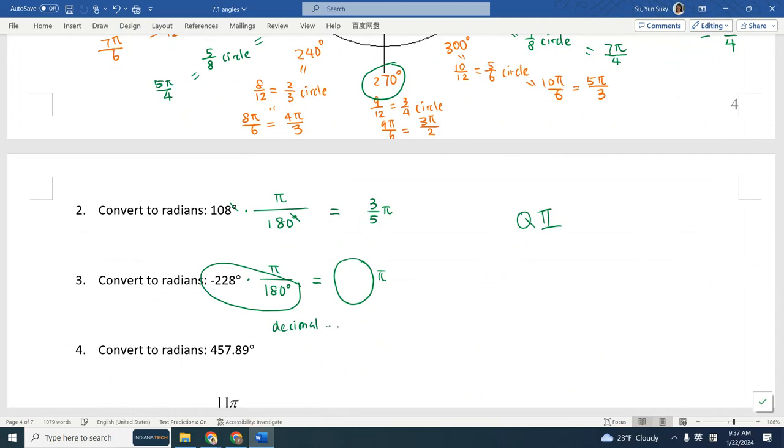For some calculators, it gives you the fraction right away, and if you put the pi there, it also has the pi there.